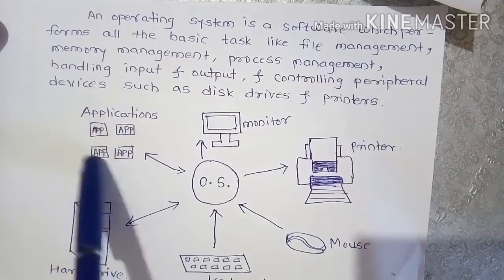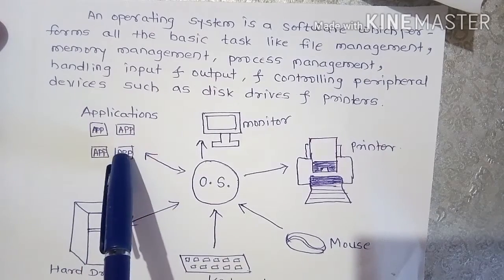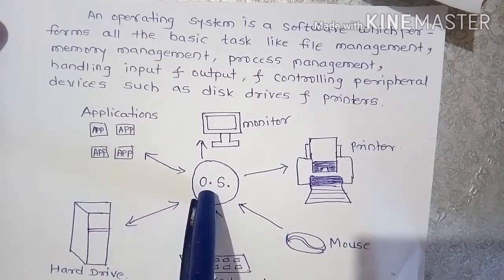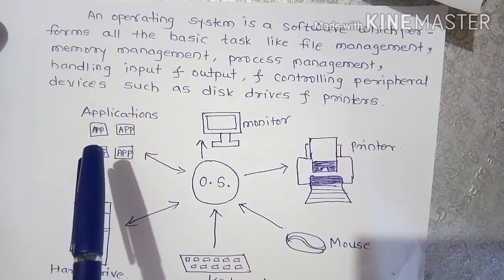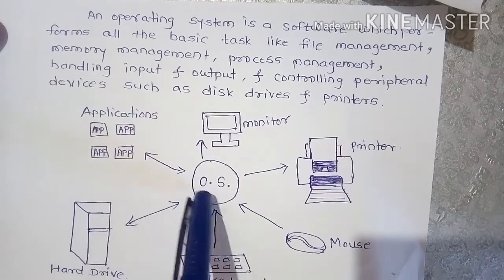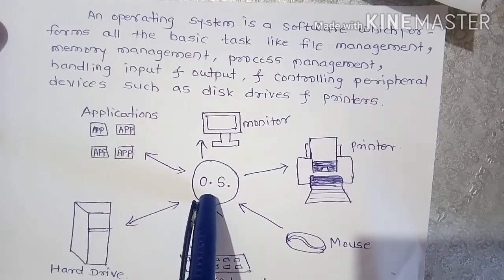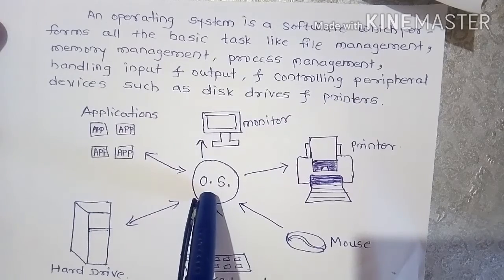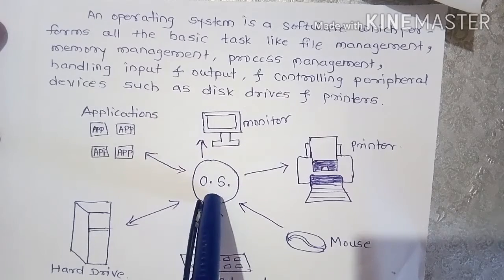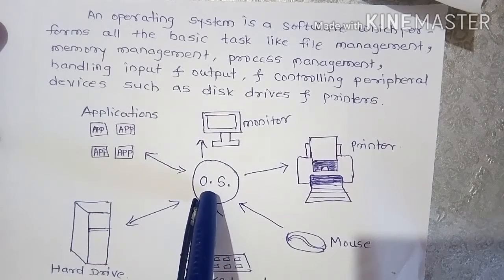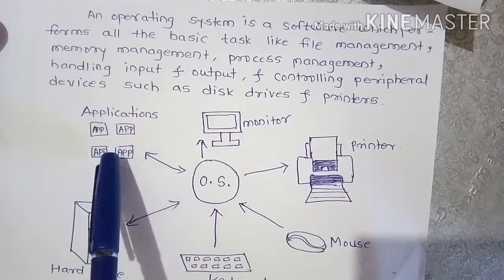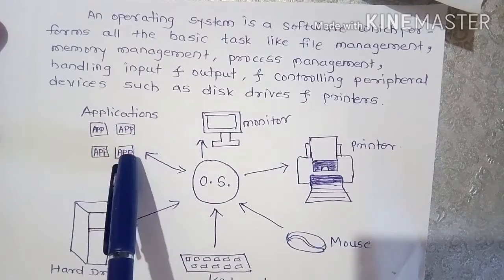Like that, applications also have bidirectional communication with the operating system. An application gives input to the operating system by taking it from users, like numbers, and the operating system performs the operation on those numbers and gives the output to the applications.